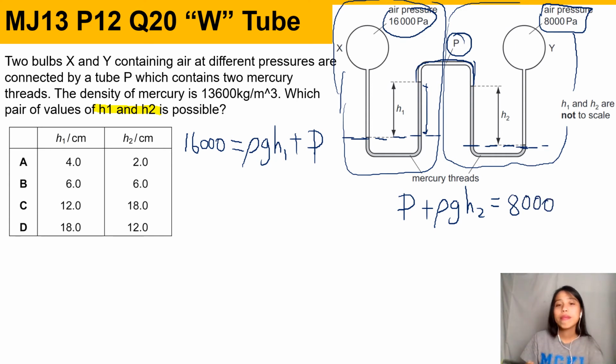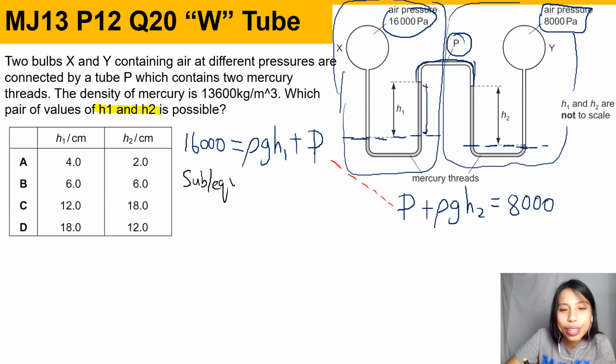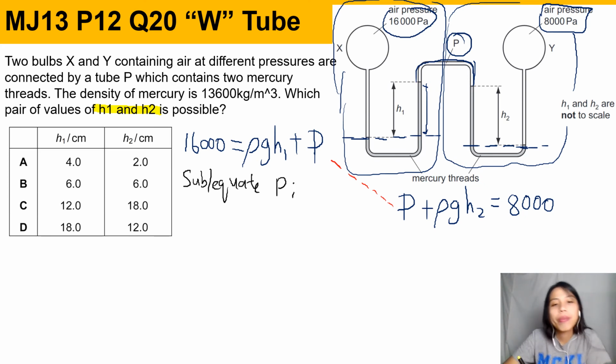Okay, now what? Now I have two equations, and I somehow need to relate H1 and H2. What if we substitute the P's together? So I equate these two P's. Sounds like a plan. I'm going to rearrange and equate equations 1 and 2, because the pressure in the middle is what connects these two U tubes together.